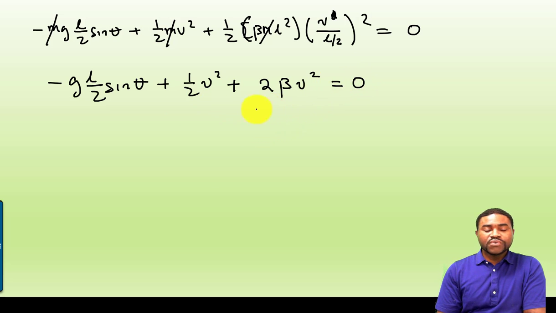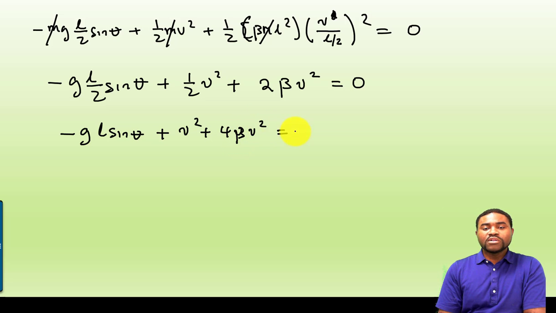Our target here is to calculate v. We could multiply throughout by 2. If we do that, you will be left with gL sine theta plus v squared plus 4 beta v squared, all of this equal to 0.